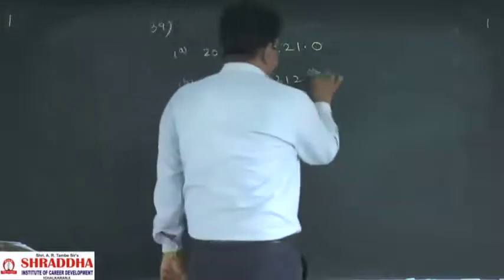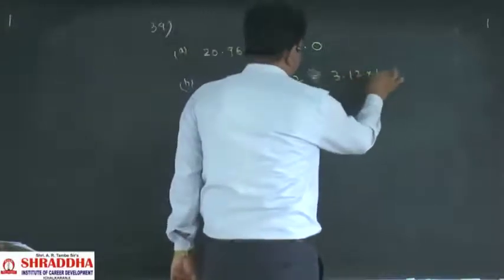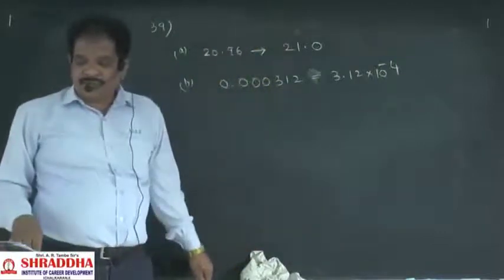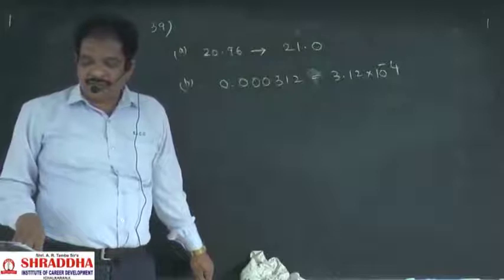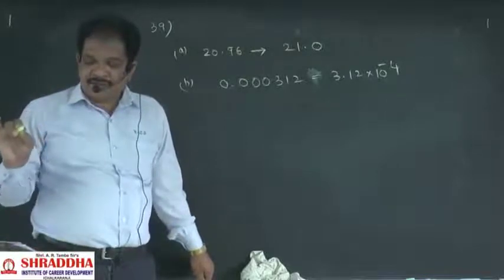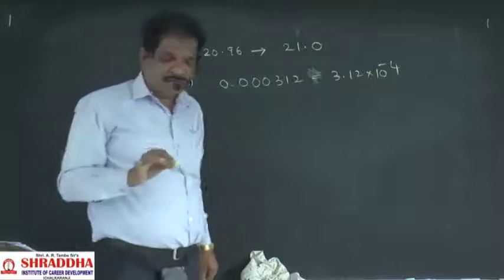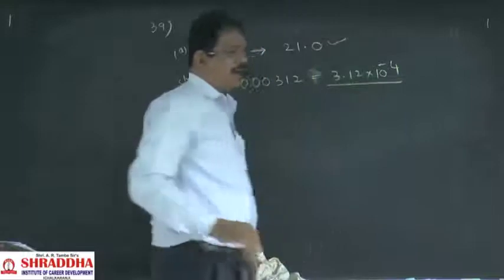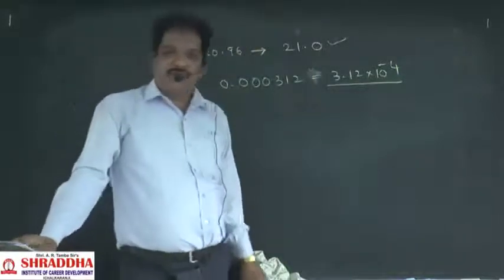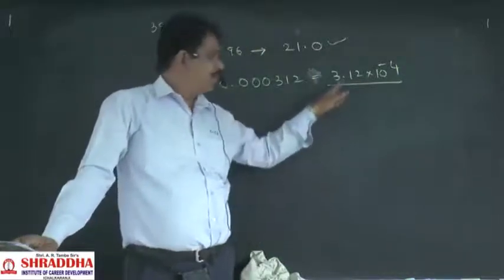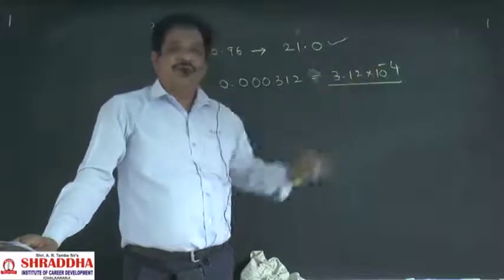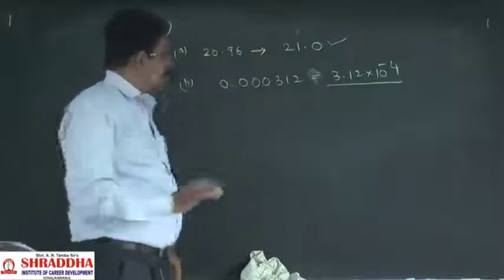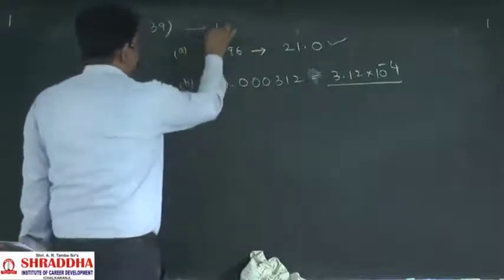This we can write as 3.12 into 10 power minus 4. So what is the answer? Second option, you see, whether the point is missing, you check. The point is missing. 312 is there. Place the point there. 3.12 into 10 power minus 4. That will be the answer. 39, it will be B.